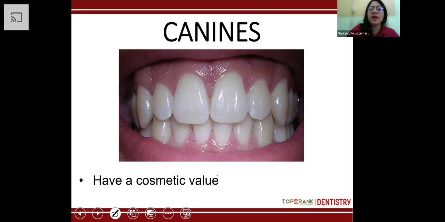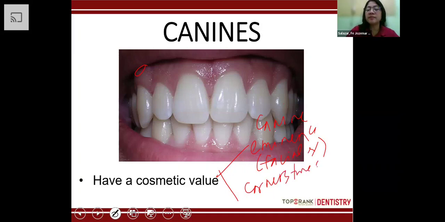They have a cosmetic value for two reasons. What are their cosmetic values? They create the canine eminence, which gives a facial expression on that area. And the other one is they are the cornerstones of the oral cavity.